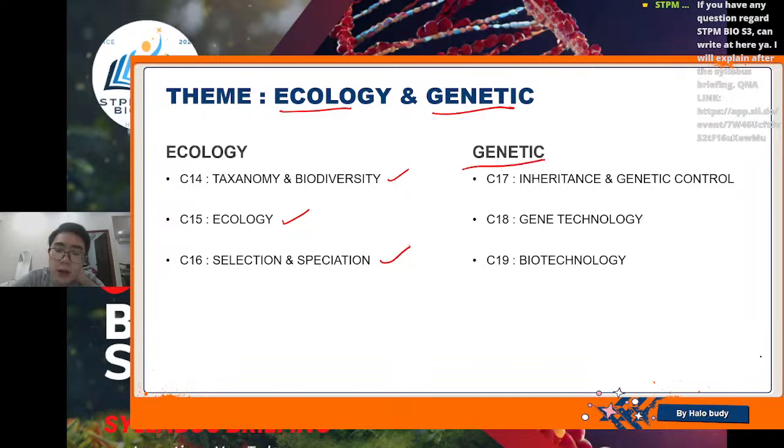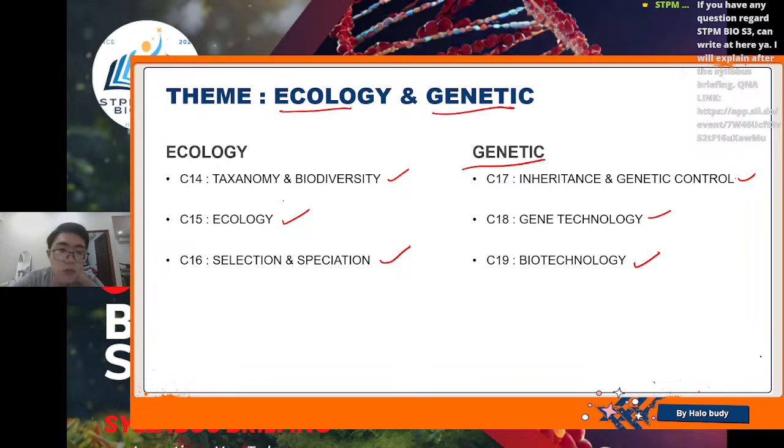For the genetics theme, the chapters are inheritance and genetic control, gene technology, and biotechnology. These 3 chapters are totally new to you compared to Semester 1 and Semester 2.